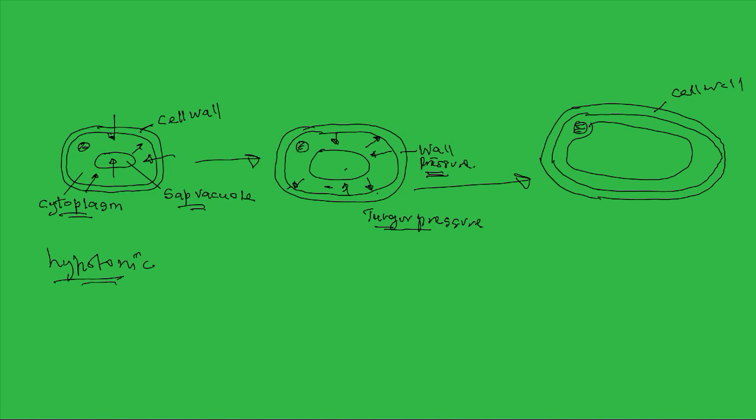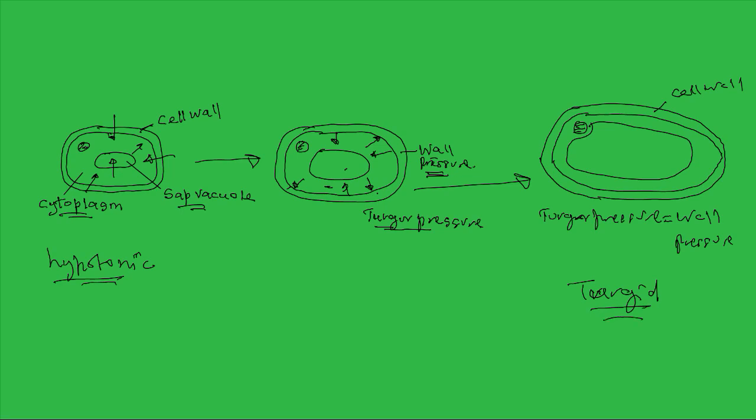Now, at the point when the Turgor pressure is equal to the wall pressure, the cell is said to be turgid.